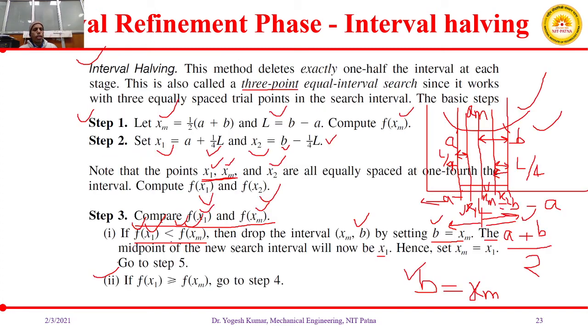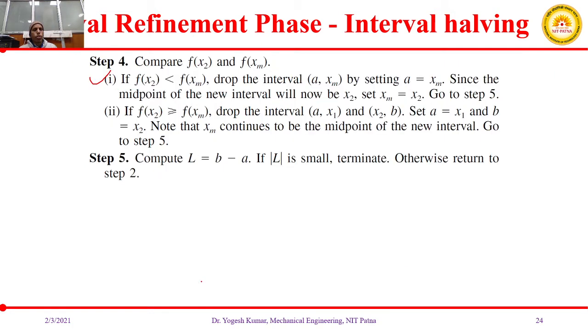If f(x1) is not less than f(xm), and it is greater than or equal to f(xm), we will check the value of f(x2). If f(x2) is less than f(xm), we will do the same thing: we will drop the region (a, xm), and we will set the value of a equal to xm.